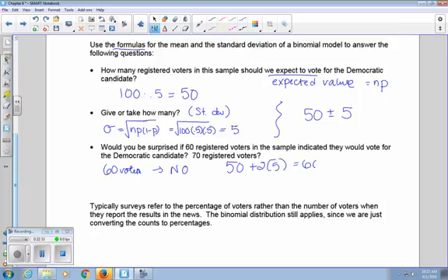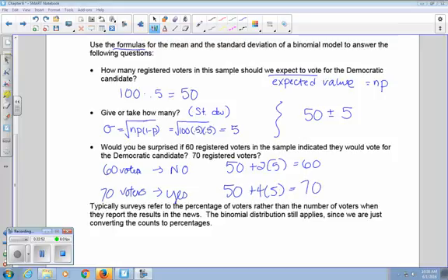So that's not too shocking. 70 voters? Yes, that would be a surprise, because now we're looking at being 4 standard deviations away from the mean. And that's pretty unlikely to see.